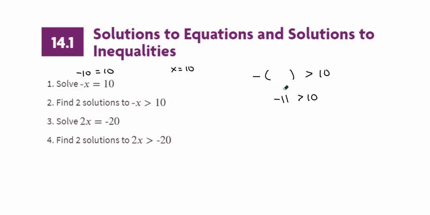So let me go the other way. Let's try 9. Is negative 9 greater than 10? Negative 9 isn't greater than 10 either. So how about a negative 10? A negative 10 is positive 10. That's not greater than 10. That's equal to 10.